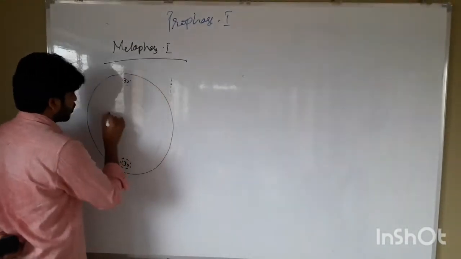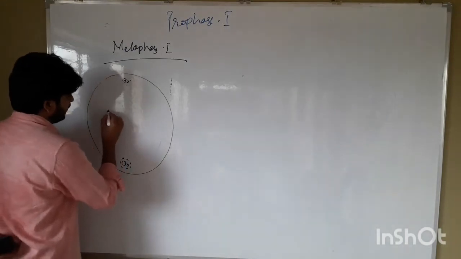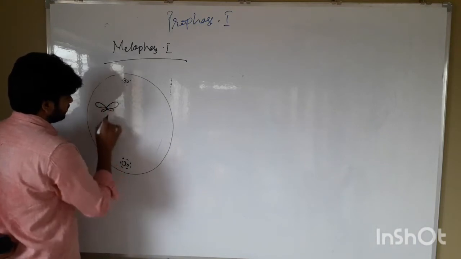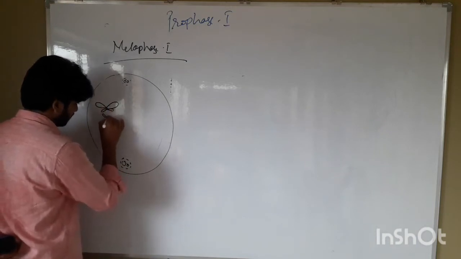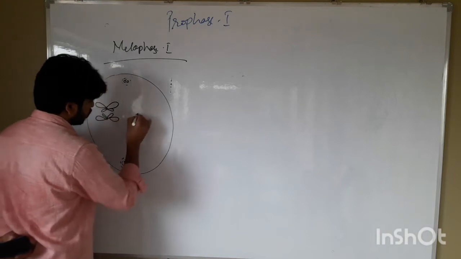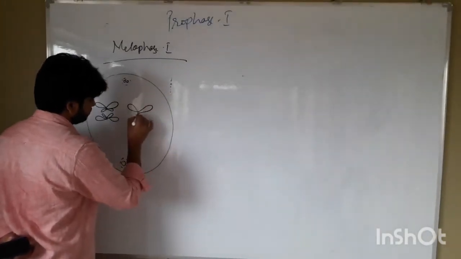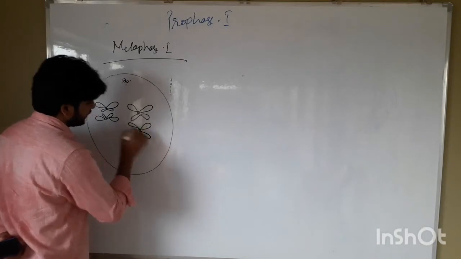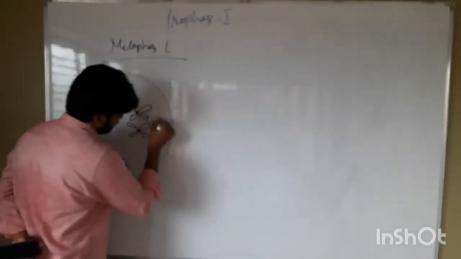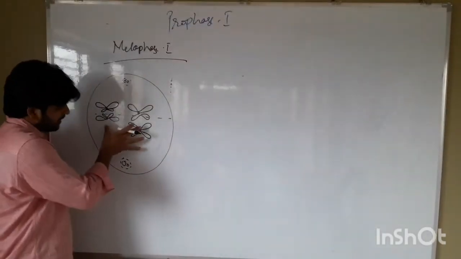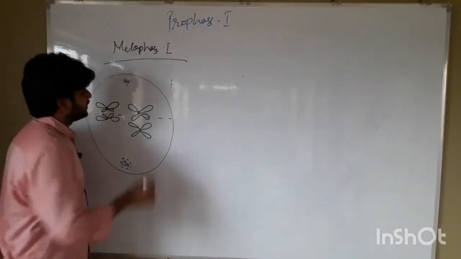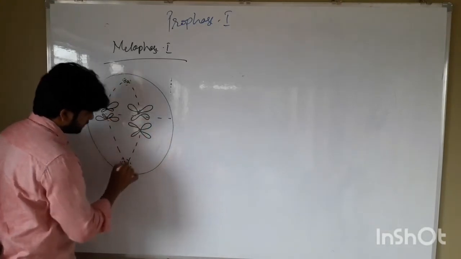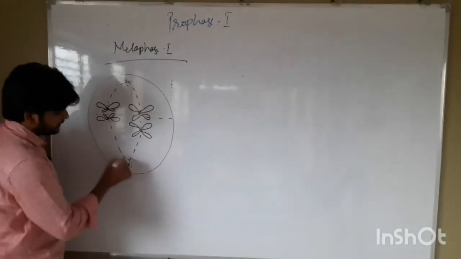All the paired homologous chromosomes which have undergone genetic crossing over and recombination are present at the equatorial plane, exactly at the center of the cell, helped by the spindle fibers produced by the centrioles.